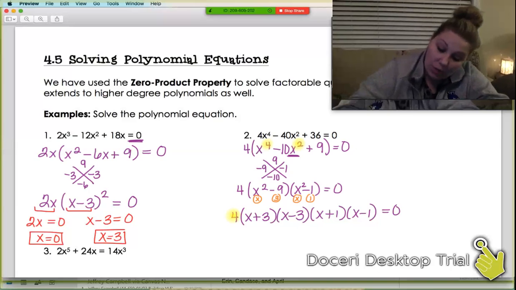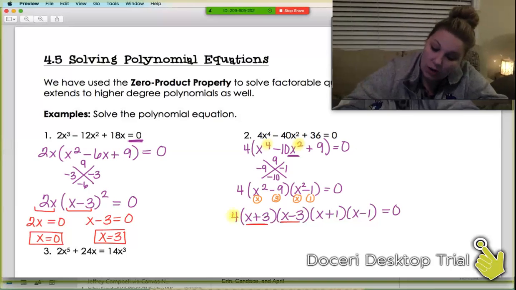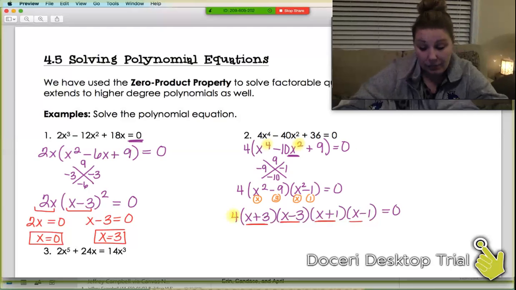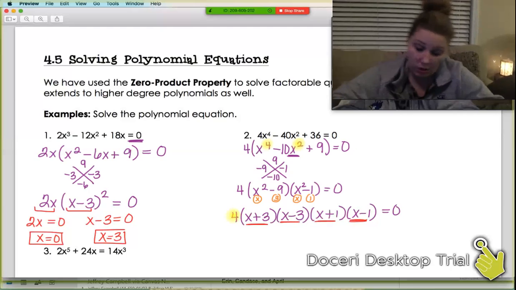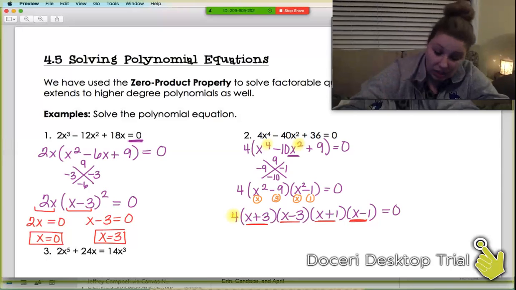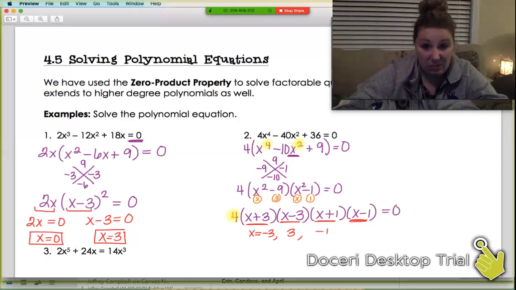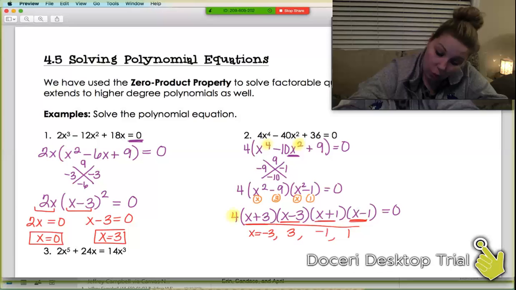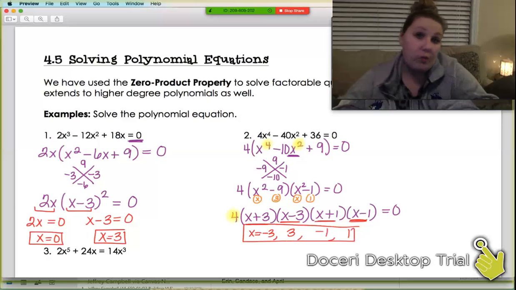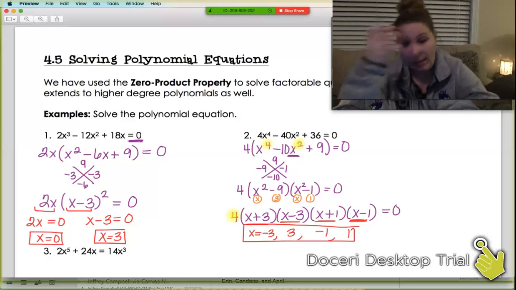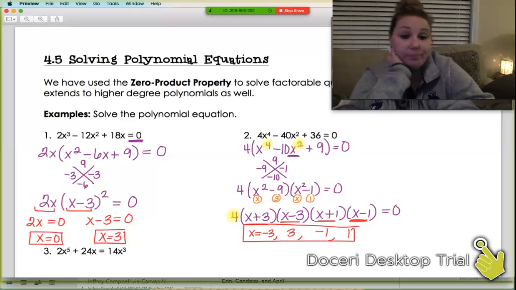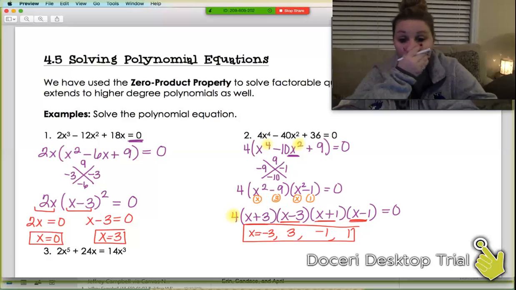But we can take each one of these where there is an x and set those equal to 0. And you can probably do that in your head. So I'm going to get -3. I'm going to get +3. I'm going to get -1. And I'm going to get +1. So we ended up with 4 solutions, or 4 roots, is what you'll sometimes hear them called. And so that's what we get.